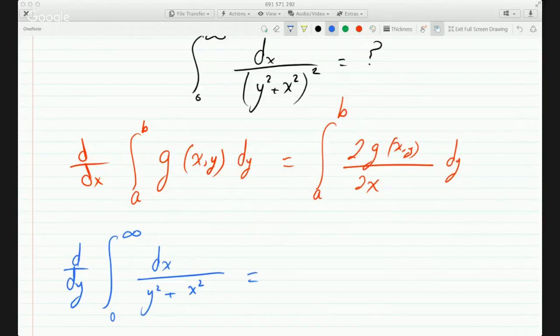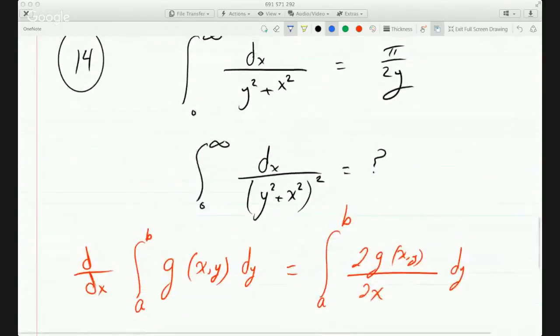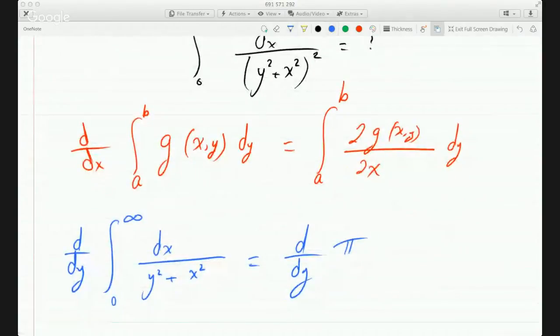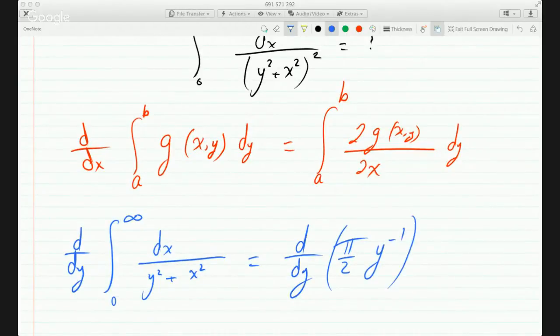Of course, if I differentiate on the left with respect to y, I have to differentiate on the right with respect to y. So on the right, I have pi over 2y, so pi over 2 times y to the minus 1. I just brought the y up.